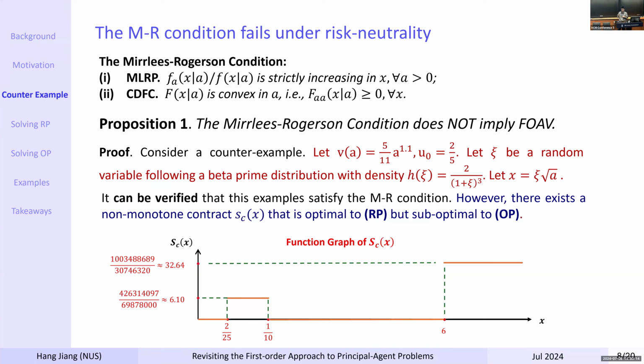We show that by providing a non-monotone contract as C here, this contract is optimal to the relaxed problem for this example, but it's not the optimal contract to the original problem. And this counterexample uses a common distribution, the beta product distribution. So we show that the Mirrlees-Rogerson condition actually cannot transfer to the risk-neutral setting.